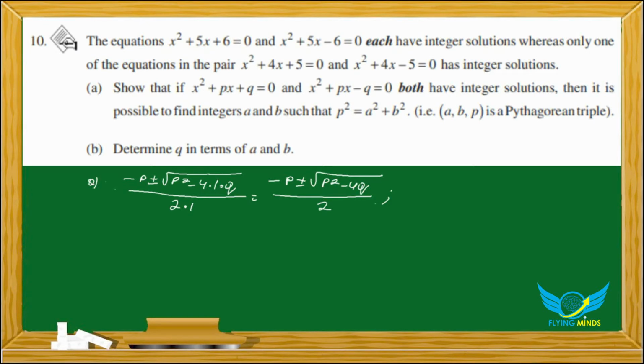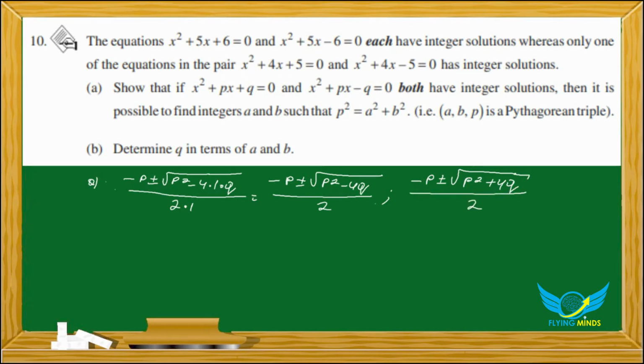The only difference is that we have −q in the second equation, so the solution will be −p ± √(p² + 4q) over 2, because q is negative in the second equation.